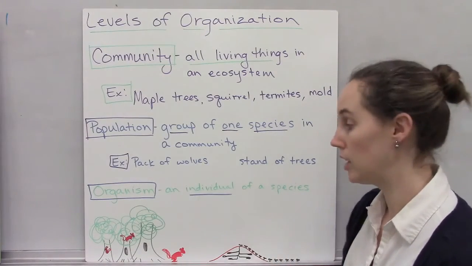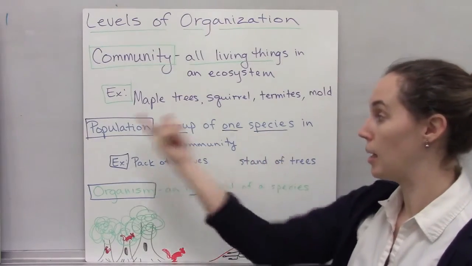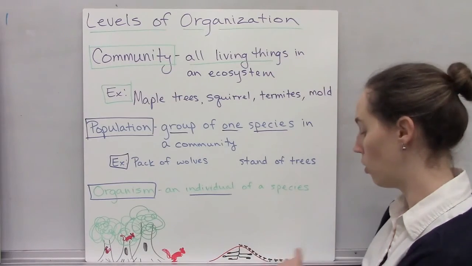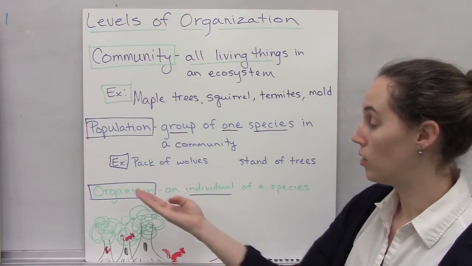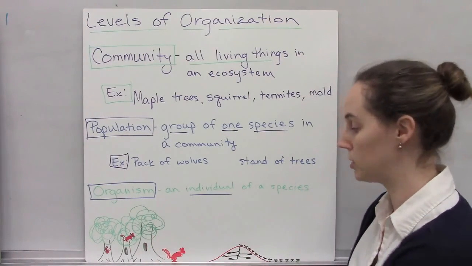It would just be, right, trees, squirrels, termites. And a population might be this group of 3 little squirrels, or this colony of termites. And one organism, right, would be just this one tree here, or maybe just this squirrel.